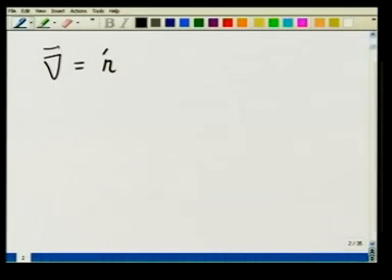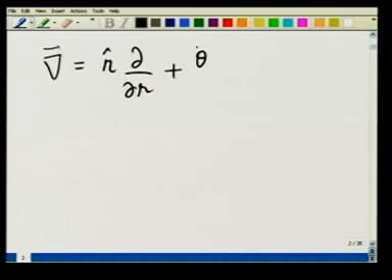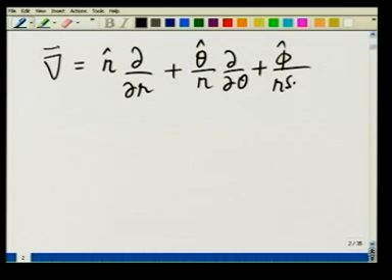For example, in the spherical polar coordinates, the partial derivative in the direction of r is indeed partial with respect to r. On the other hand, in the direction of theta, it is like this, and in the direction of phi, it is divided by r sine theta, d by d phi.